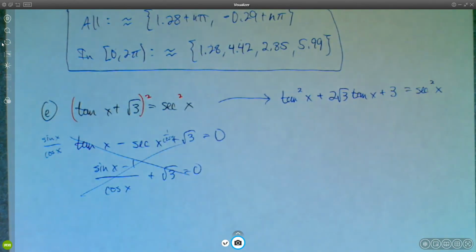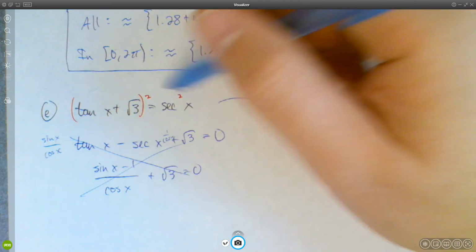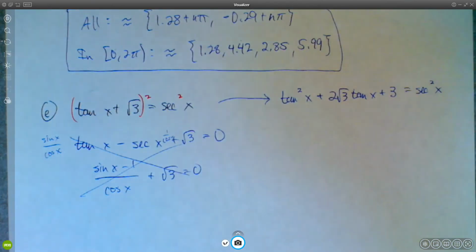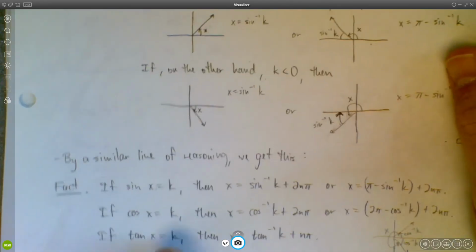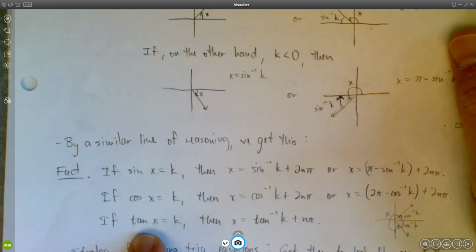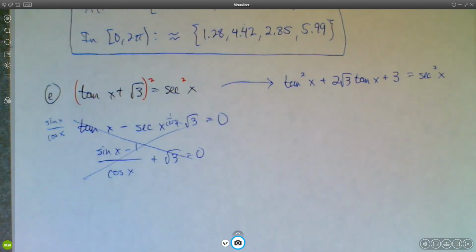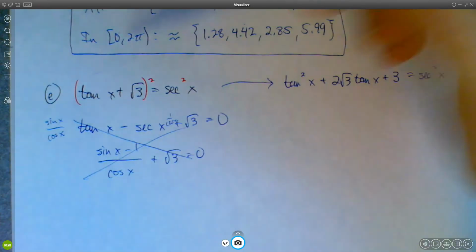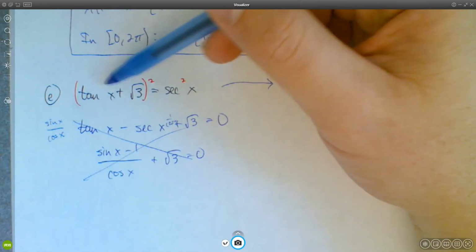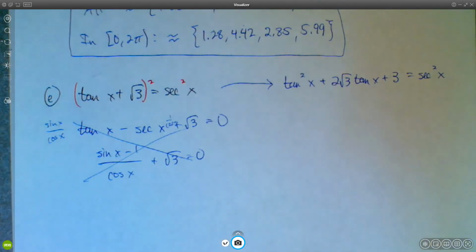Now, what I don't like about the original equation in black ink is that I have 2 different trig functions going on, and I can't factor them in such a way that I end up with a nice little equation like this. So I need to try to rewrite this equation so that it's all just in terms of the same trig function, right?